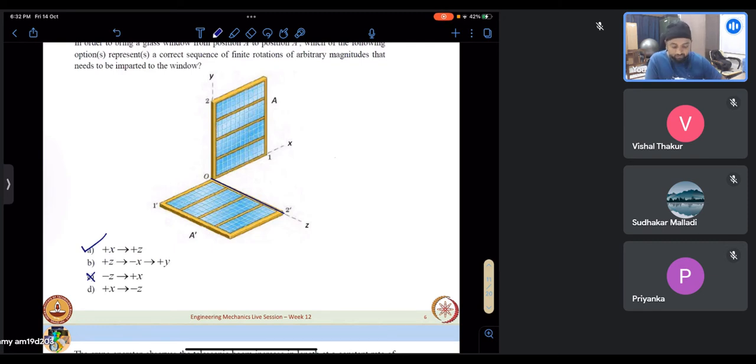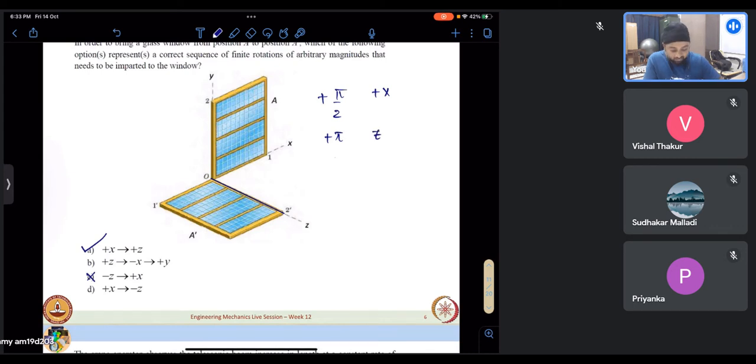Whereas if I were to reverse it, let us say I start with rotating about x and then about minus z. We just saw that it is possible. Essentially, what we did in option 1 was give a positive pi by 2 rotation about plus x, and then rotate by plus pi about z.